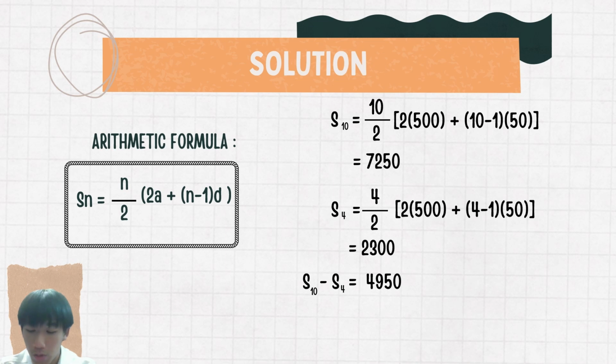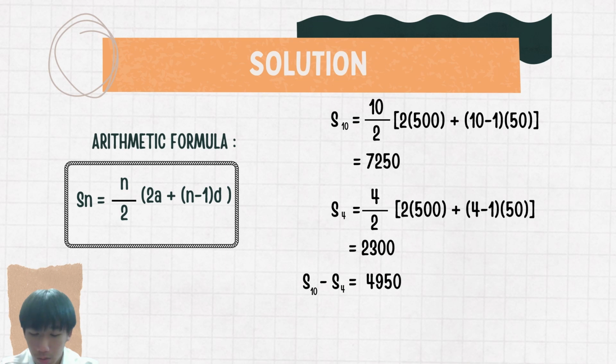After we substitute into the formula and calculate, we find 7,250 for the sum of the first 10 terms, which is 2029, all summed together.